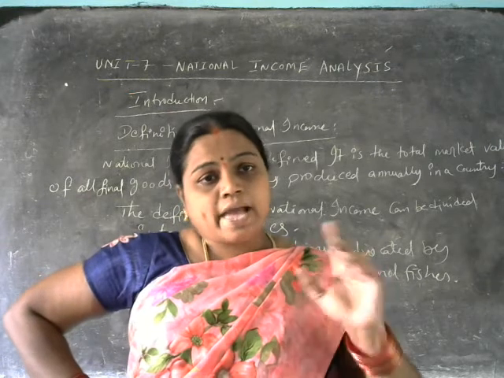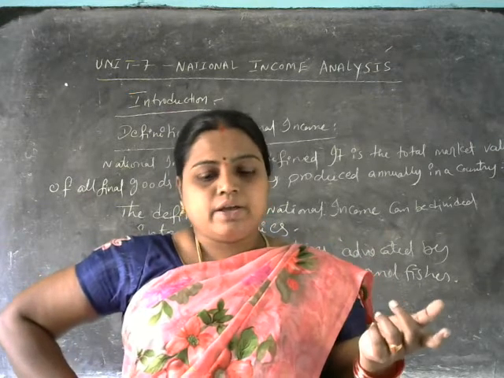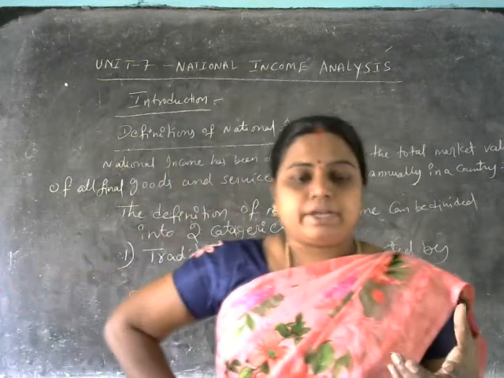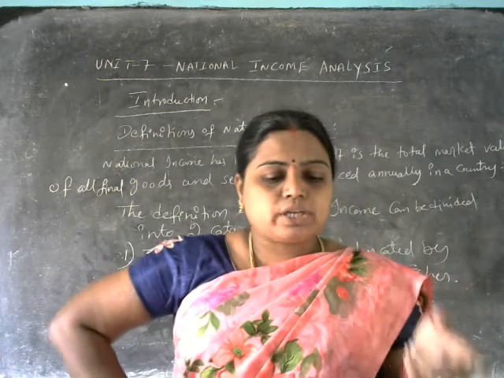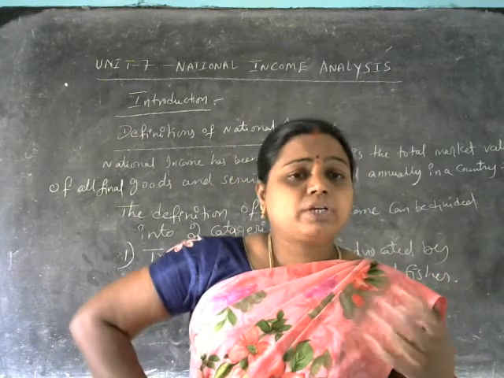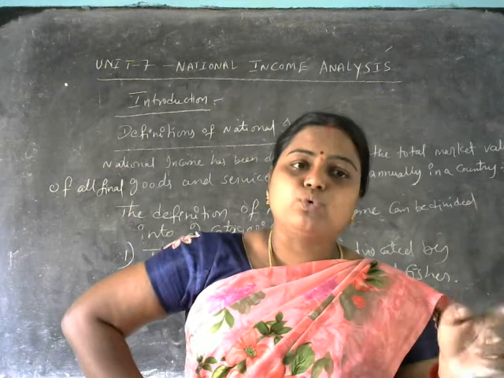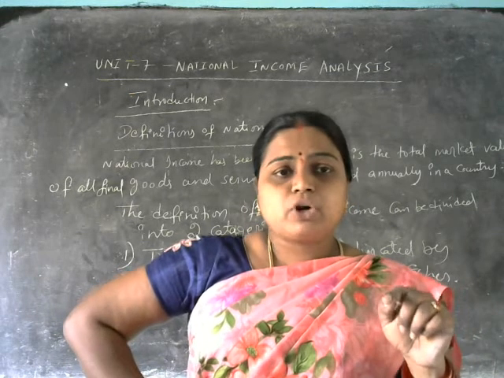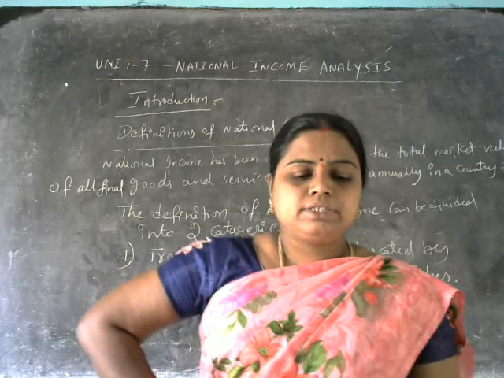Produce annually means yearly. Net aggregate means all together. What do commodities include here? Goods and also services. Commodities include goods and services.